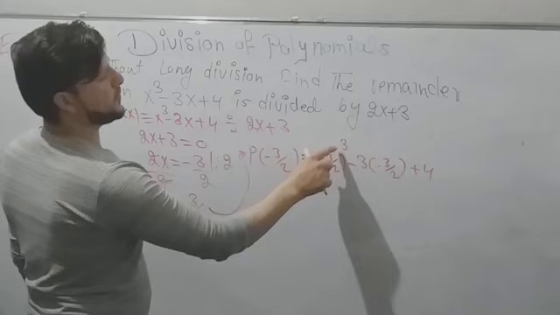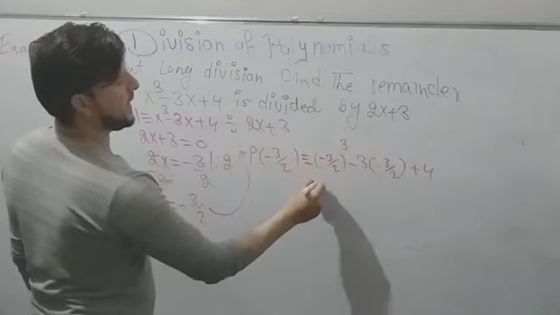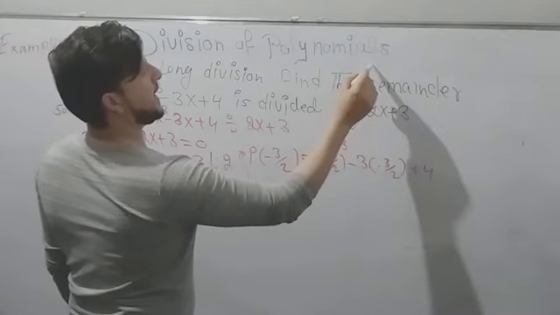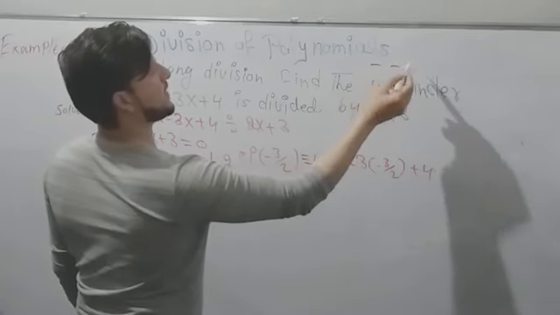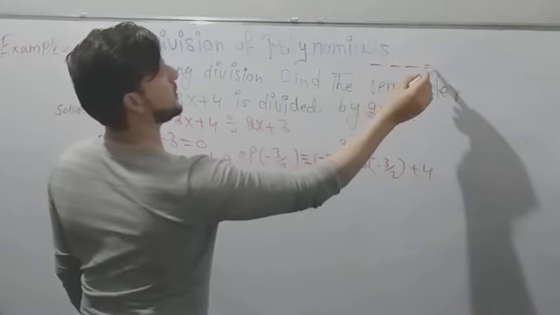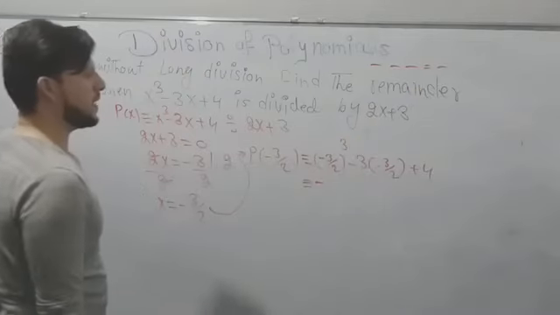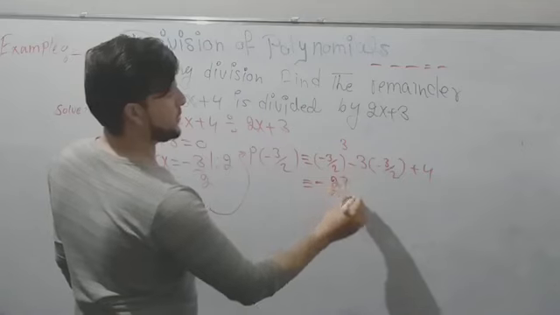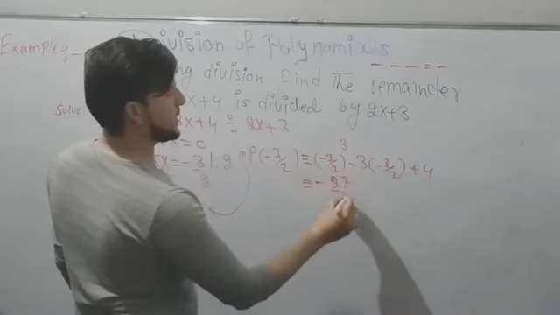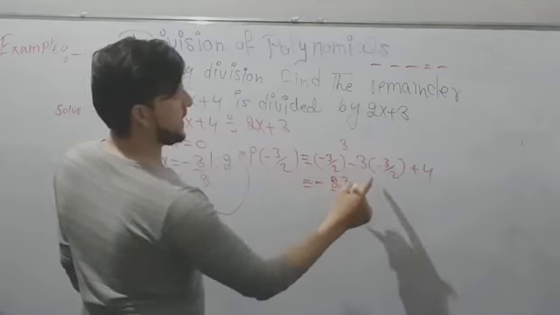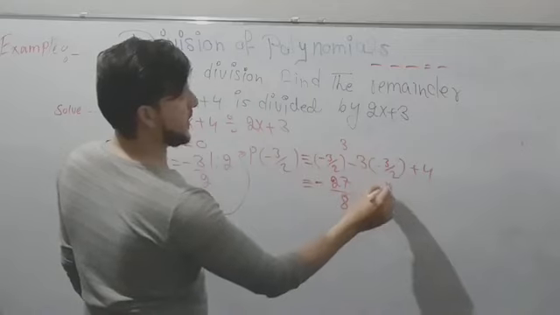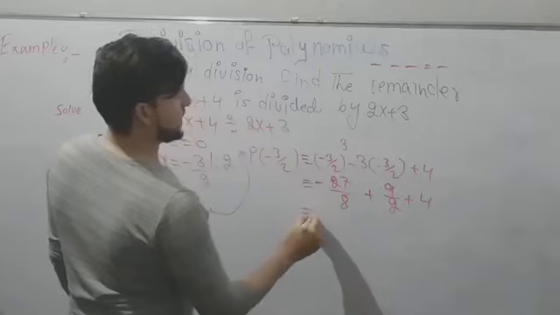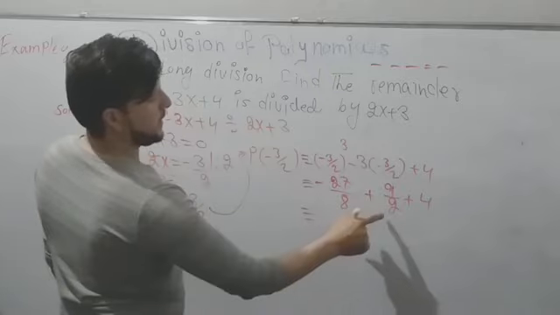Negative times negative is positive, once again multiplied by negative is equal to negative. So 3 to the power of 3 is equal to 27 and 2 to the power of 3 is equal to 8. Negative, positive, negative, is equal to positive 9 over 2 plus 4.